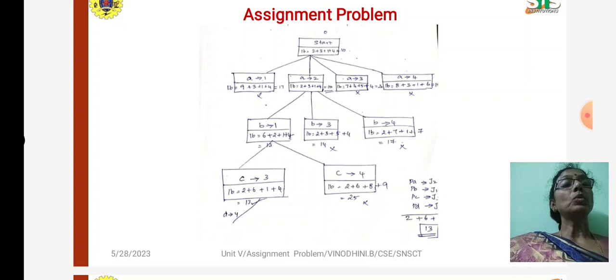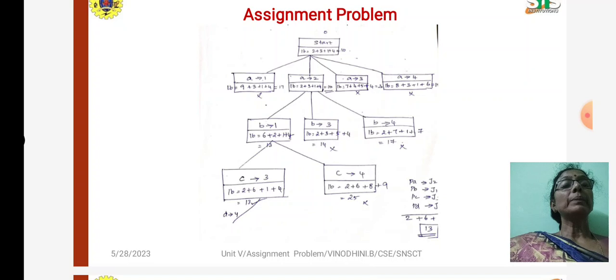Job 2 to A and job 4 to B gives a lower bound of 17. Among the 3 values, 13 is the minimum lower bound value. So we conclude that we can assign job 1 to person B.